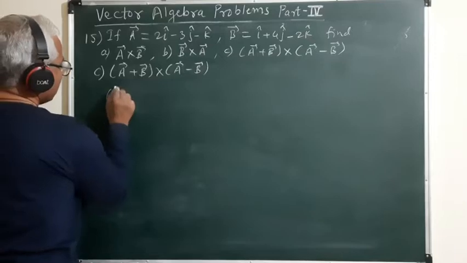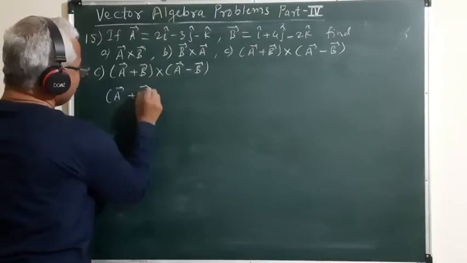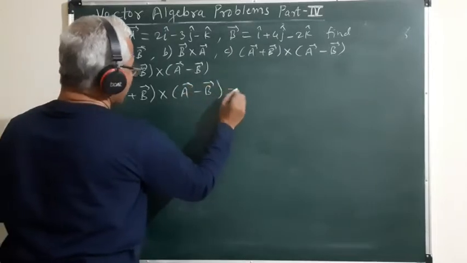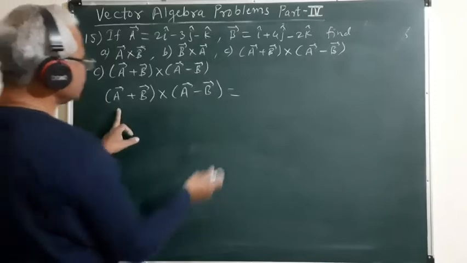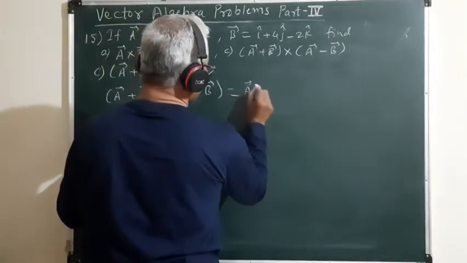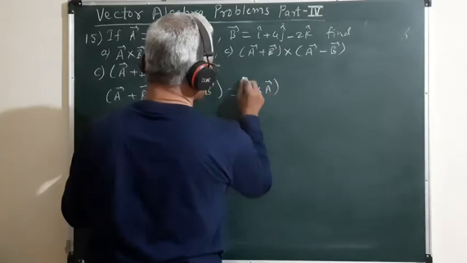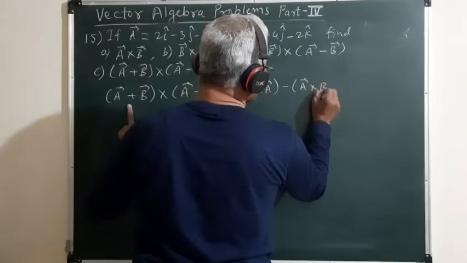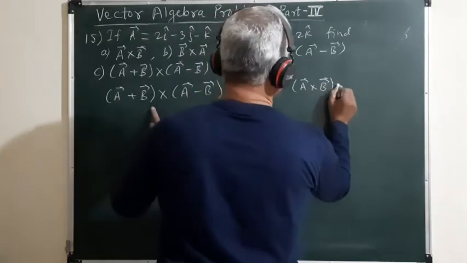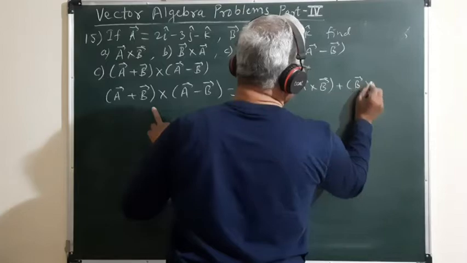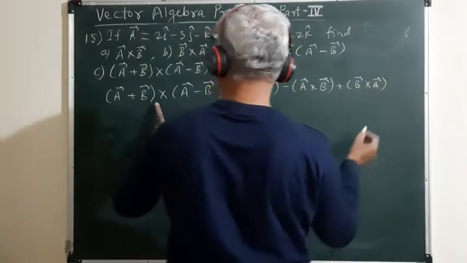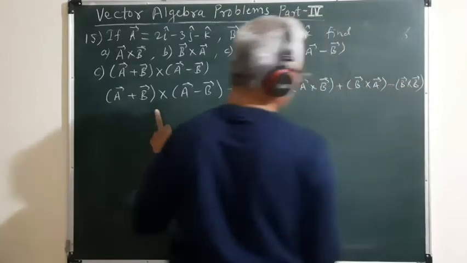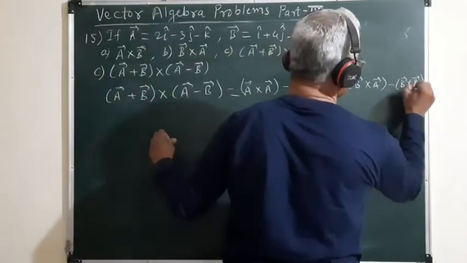So we have a bar plus b bar cross a bar minus b bar, which by taking the product we can express as a bar cross a bar minus a bar cross b bar plus b bar cross a bar minus b bar cross b bar. So this is how we can express it.